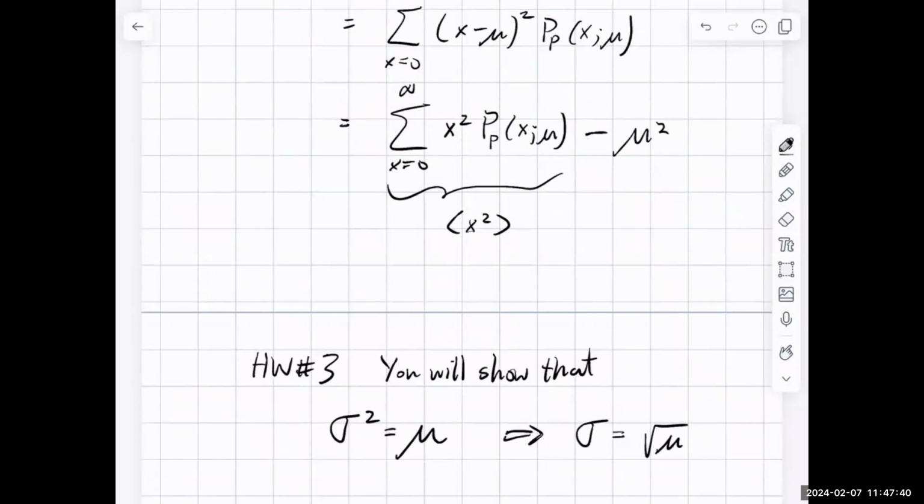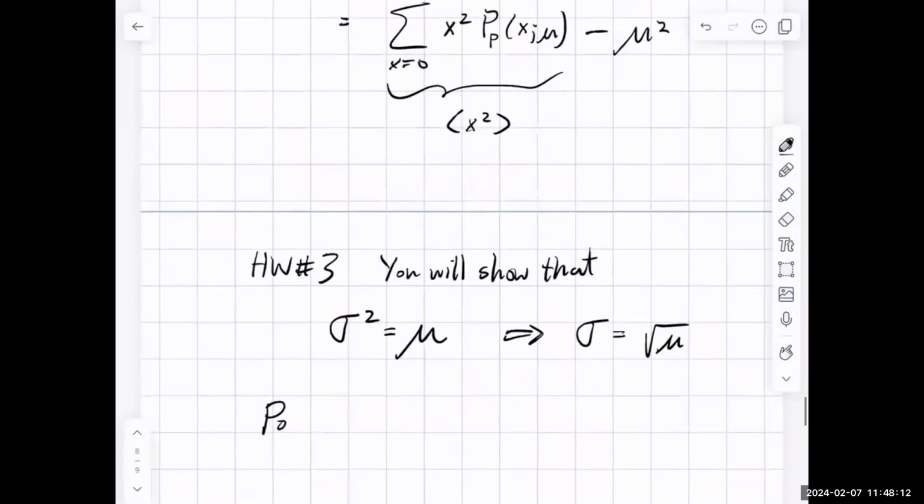That's a little bit different than what we had for the binomial distribution. So for the binomial distribution, the average value was n times p, and then the standard deviation squared, sigma squared, was n times p times 1 minus p. So they were independent from one another, right? Here, we have a standard deviation that's just given by the mean. There are no other factors in there. It's just the square root of the mean.